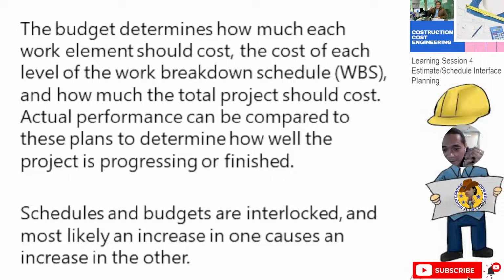The budget determines how much work elements should cost, down to the lowest level of the work breakdown structure, WBS, and how much the total project should cost. Actual performance can be compared to these plans to determine how well the project is progressing or finished.